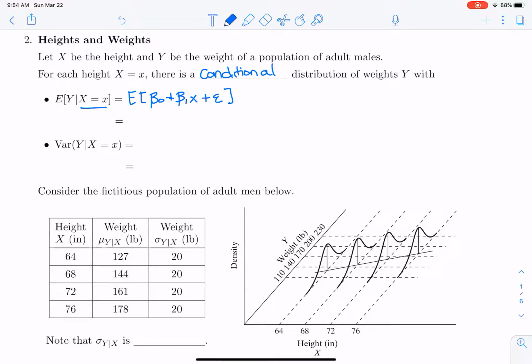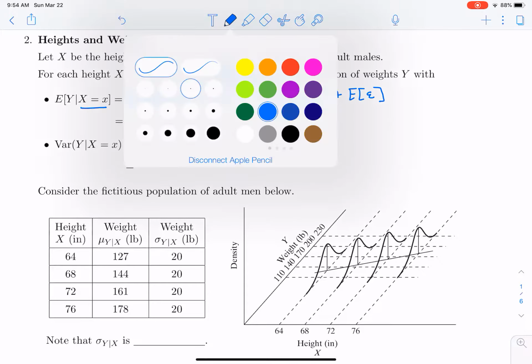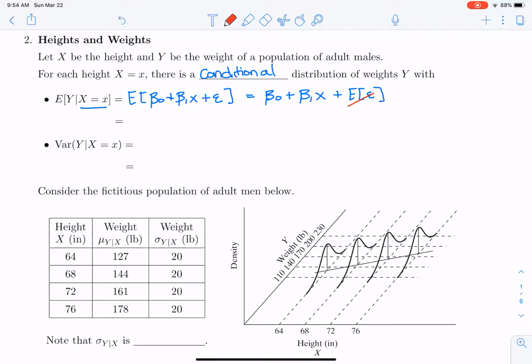So if we look at the expected value, we actually just have the expected value of the constant beta 0, plus the expected value of the constant beta 1 x, and then the expected value of epsilon, which is the random error. And we're going to define epsilon so that its expected value is 0.